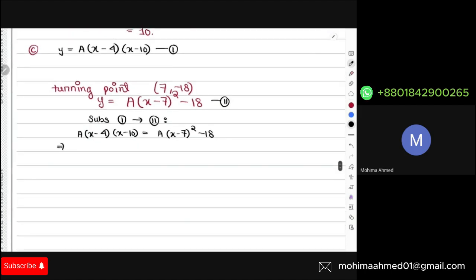Over here we have ax square minus 10ax minus 4ax, so minus 14ax plus 40a, and then again ax square minus 14ax plus 49a minus 18.